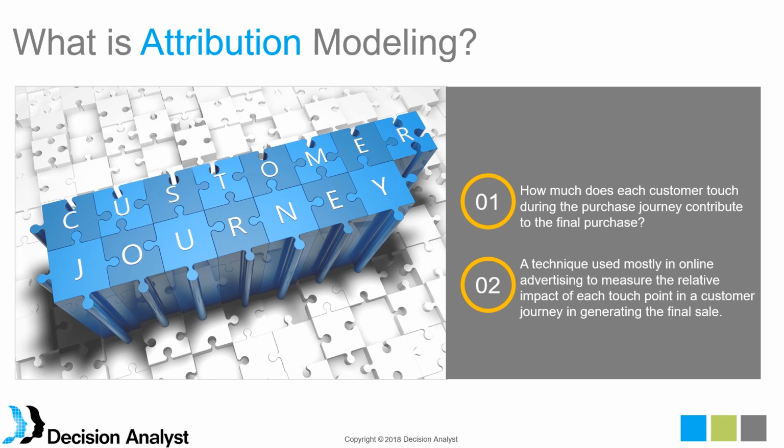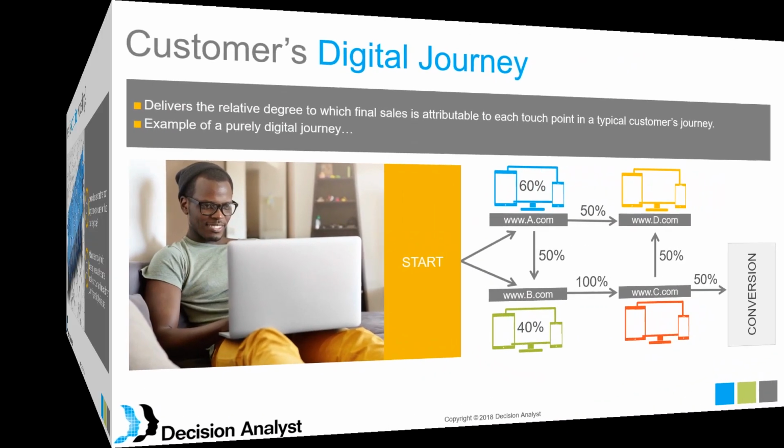And the question becomes, how much of a final sale is attributable to the experience that the customer has in each of these points in their journey? So attribution modeling for us is the relative degree to which final sales is attributable to each of these touch points in a typical consumer's journey.